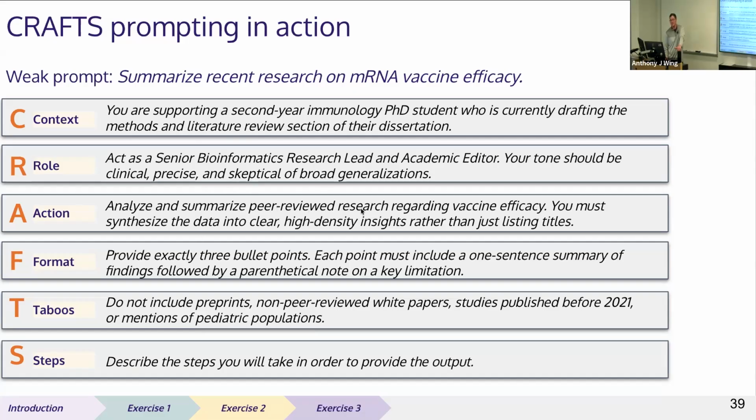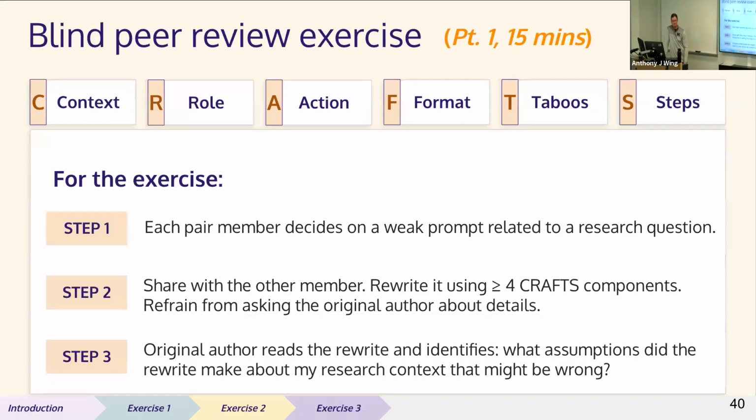Action is to analyze and summarize peer-reviewed research. The format being: provide exactly 3 bullet points. So you're specifying that format that you're looking for. Don't include any preprints, non-peer-reviewed white papers, studies published before 2021, or mentions of pediatric populations. So you can really start to get specific with some of those things that you include there. And then finally, describe the steps you will take in order to provide the output. All of these things are likely to make a difference.